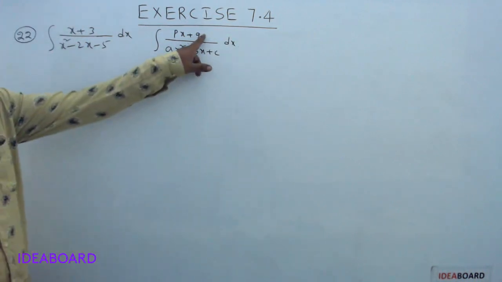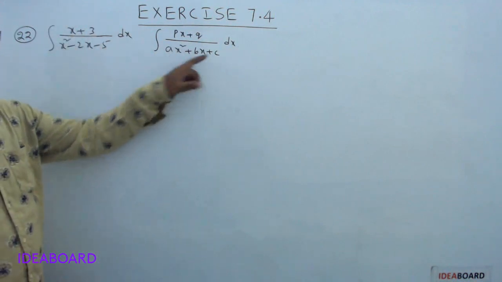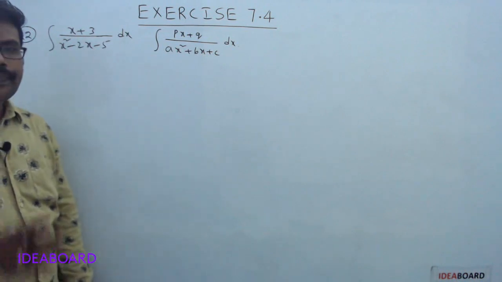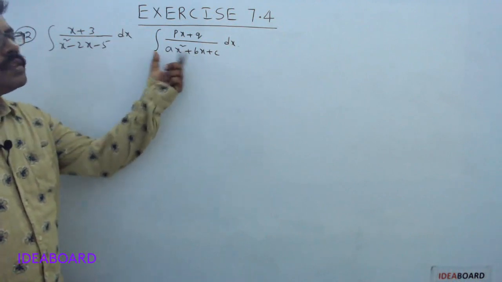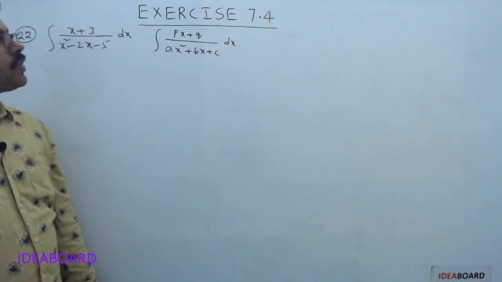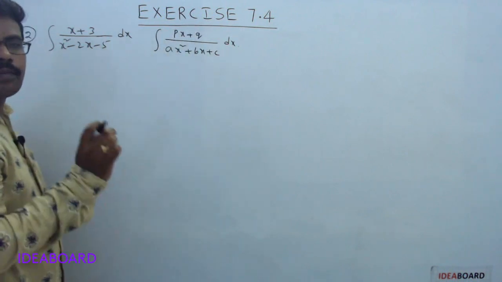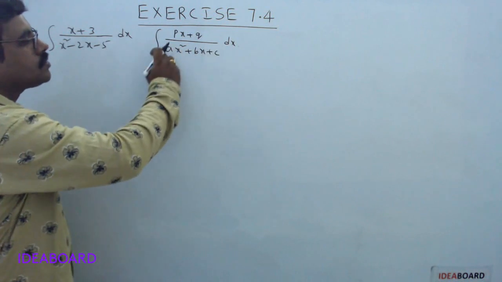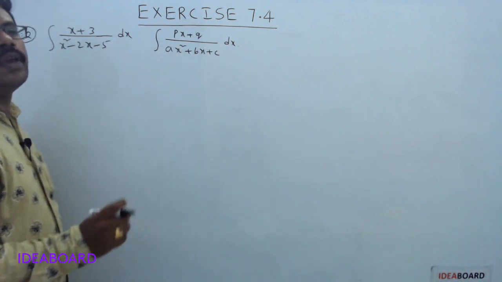Now here px plus q is x plus 3, ax square plus bx plus c is x square minus 2x minus 5. Now what is the procedure to evaluate this type of integrals? First you write down px plus q as some constant a into derivative of ax square plus bx plus c plus some constant b.